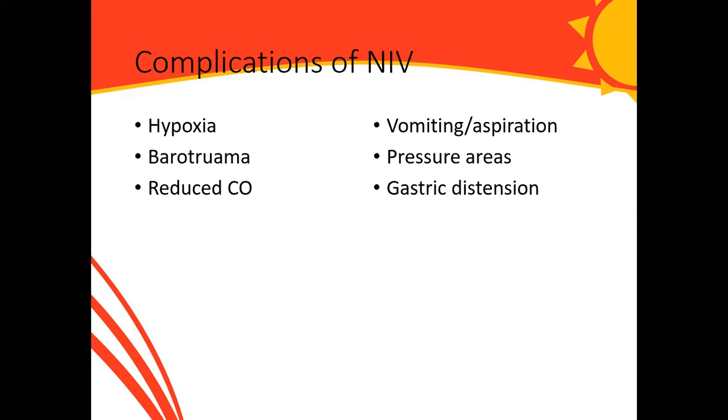The patient may vomit or aspirate, and this is terrible because the airway is not protected in this mode of ventilation. You also ensure that there are no pressure sores and the stomach is not distending with the positive air being pumped to the patient.